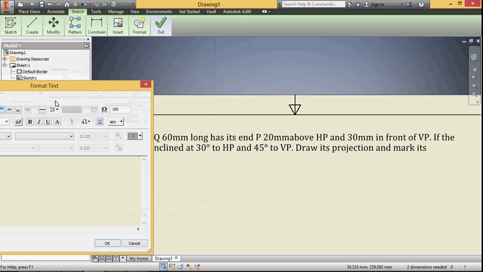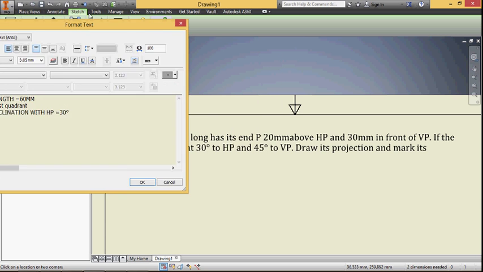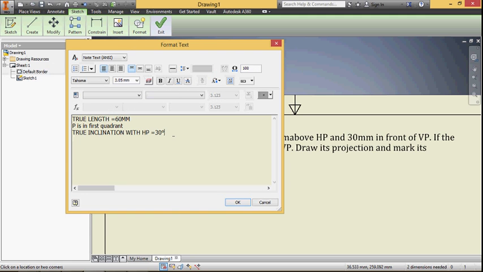And if the line is inclined at 30 degree to HP, which means true inclination with HP. True inclination with HP is equal to 30 degree, and the line is inclined with 45 degree to VP, which means true inclination with VP.